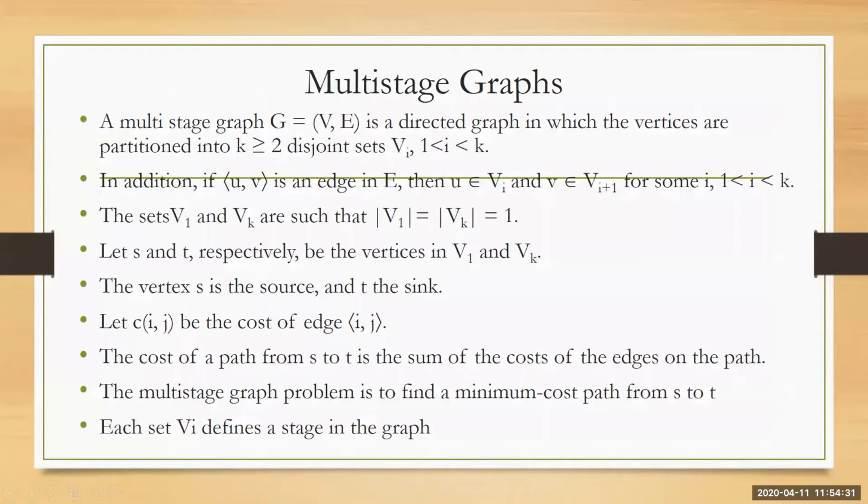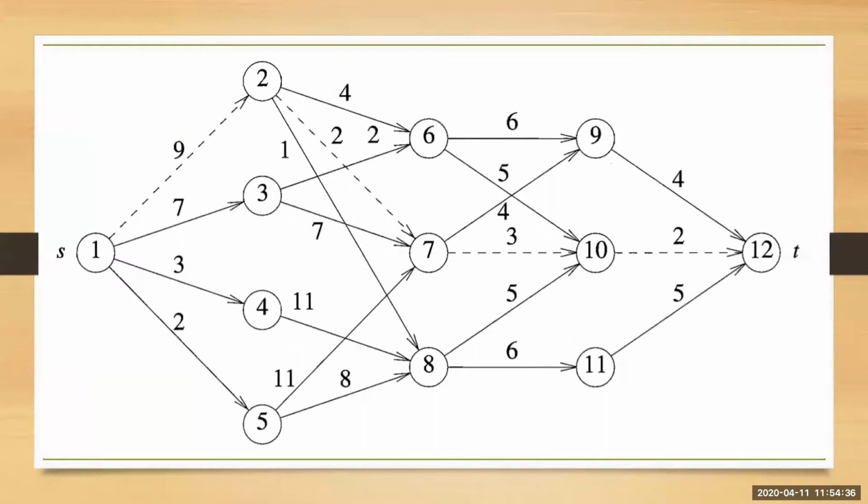Let us take a problem. Consider this as the given problem. It contains 12 vertices and 5 stages. This is stage number 1, where the source is present. In stage number 2, 4 vertices are present. In stage number 3, 3 vertices are present. In stage number 4, 3 vertices.